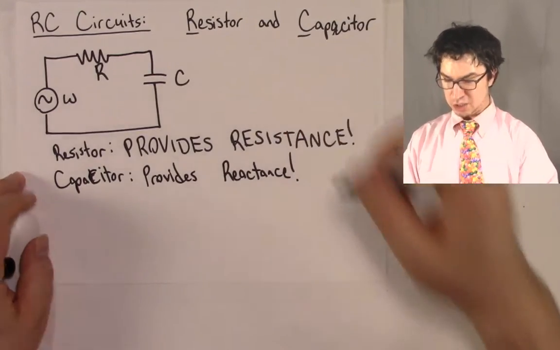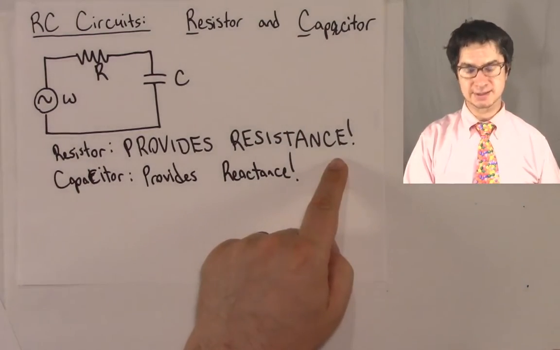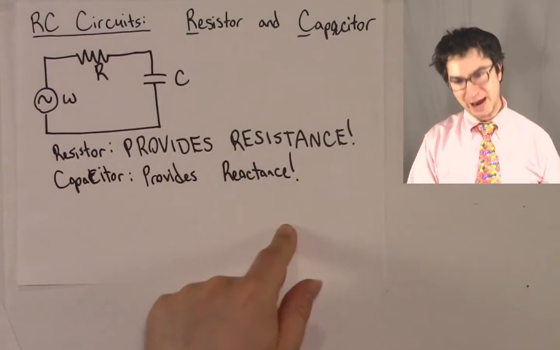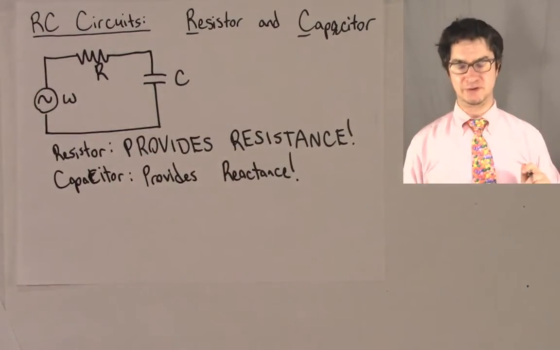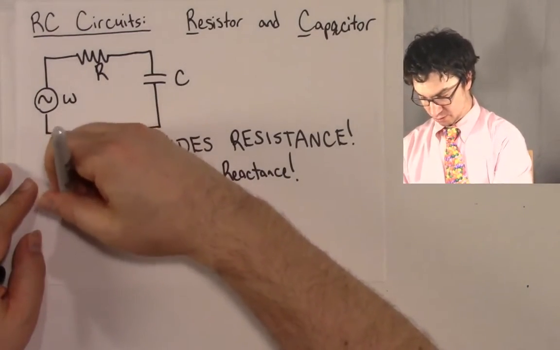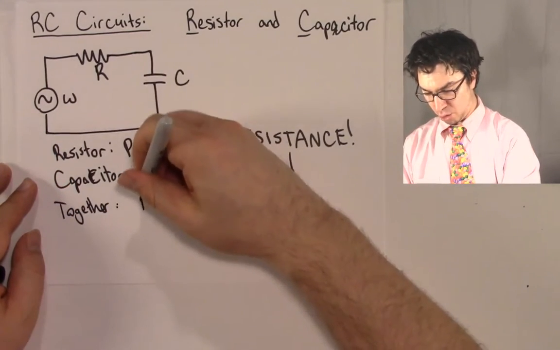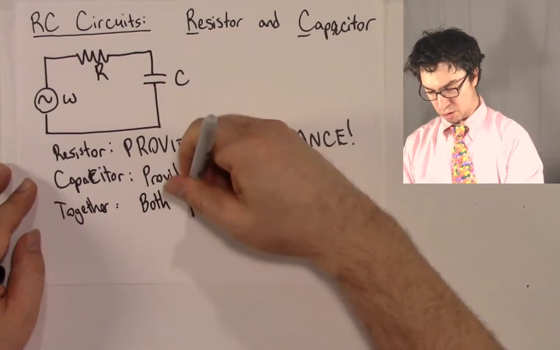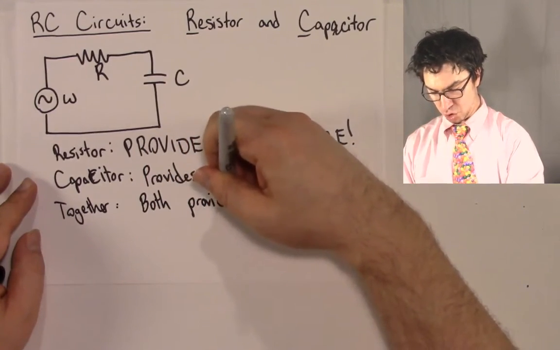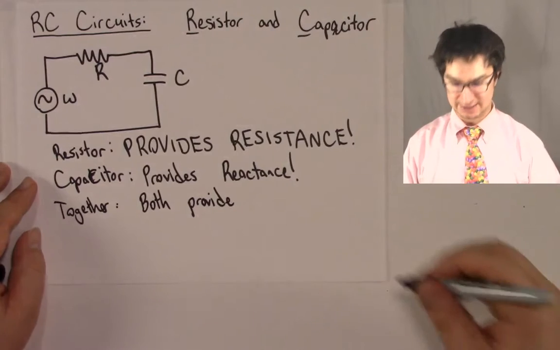All right? So if the resistor provides resistance and the capacitor provides reactance, what do they both provide? So together, in a circuit, they both provide what's called impedance.